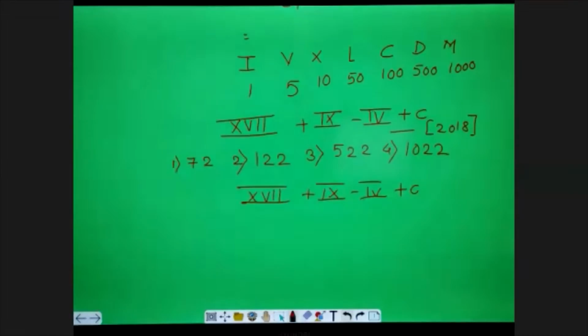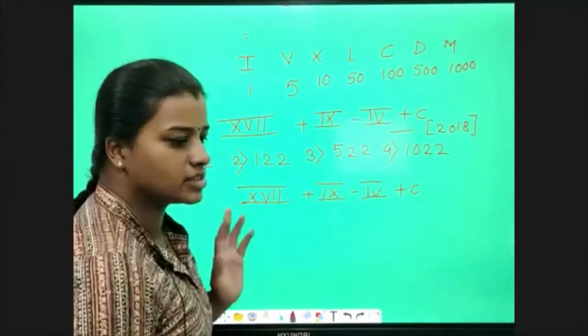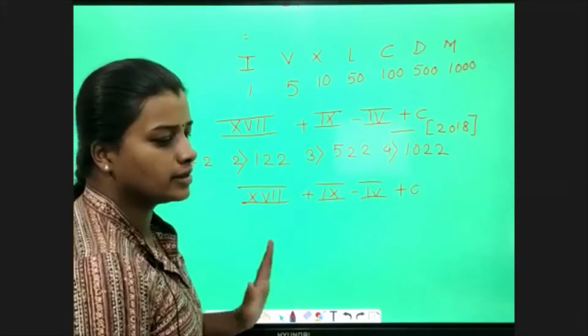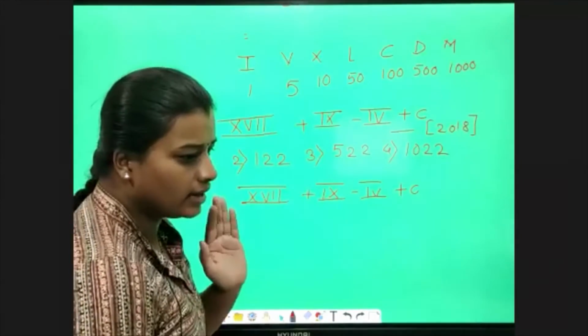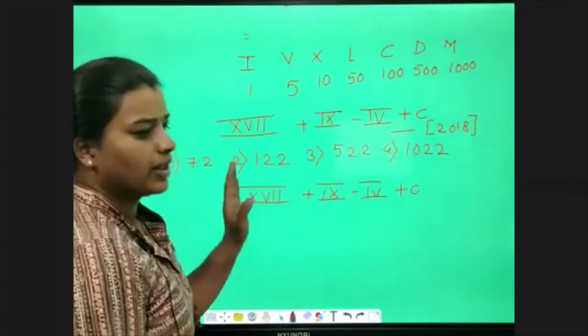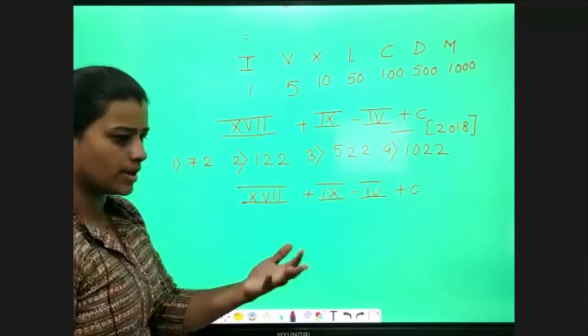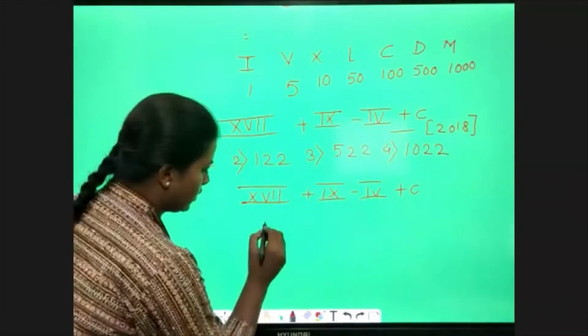Solve. 522. Okay, XVII stands for 17. Right, Arnav, right? Anvi, right? XVII is 17.